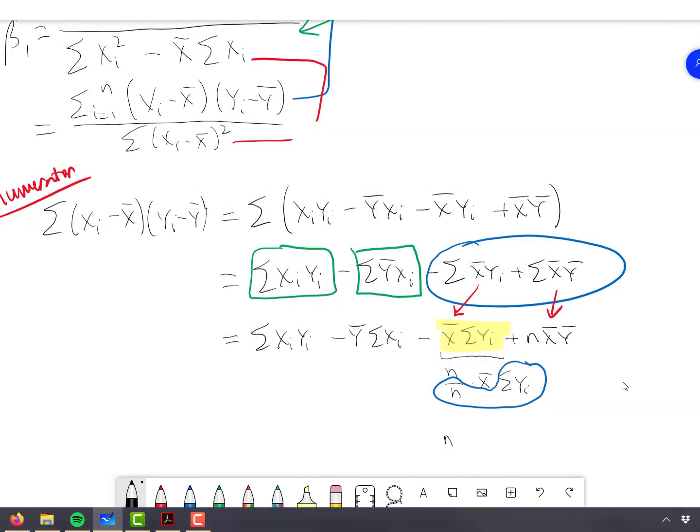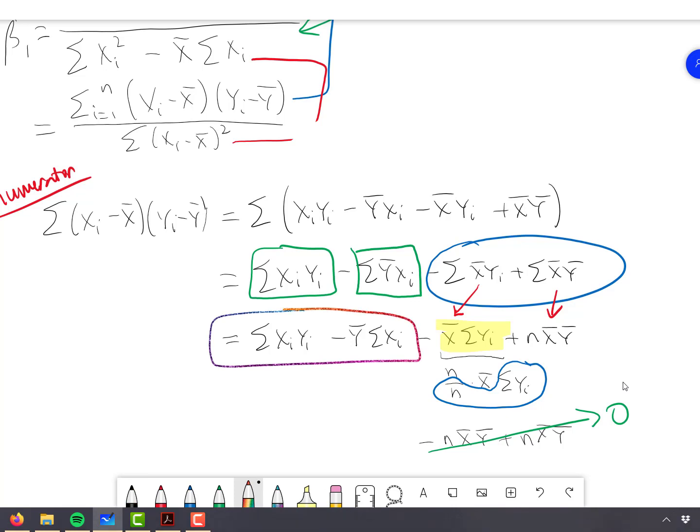And so at that point we would have n x bar y bar plus our x bar y bar from above. And we see then that this term here will be equal to 0. So what we are left with here is that equation we solved for previously for our numerator. So we can demonstrate that that holds.